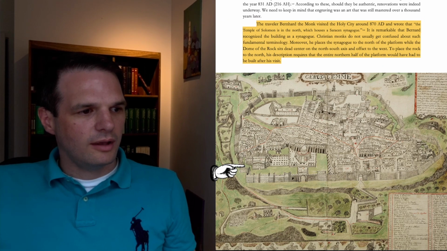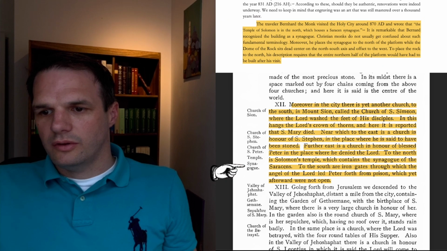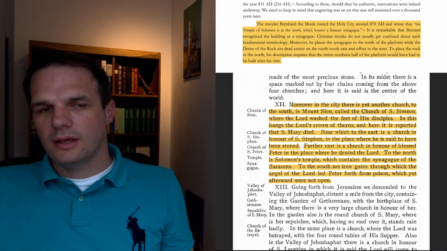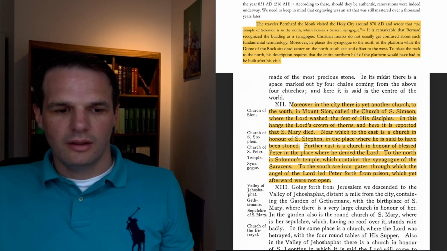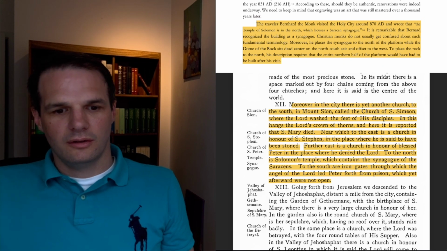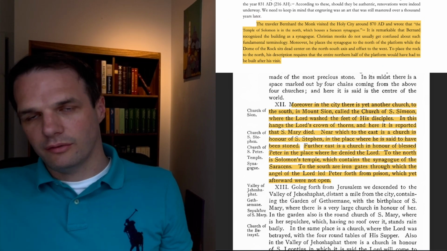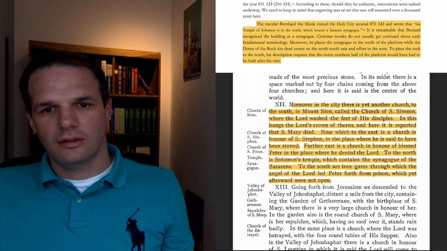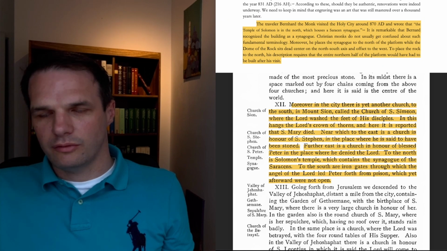Let's go back to the text of Bernard the Wise, because keep in mind that among the Christians who went to Jerusalem, the Dome of the Rock has had different names. So they called it the Temple of Solomon, they called it the Temple of the Lord.